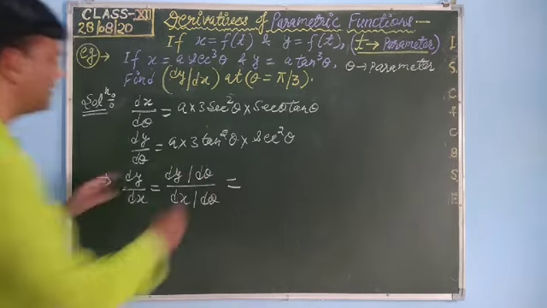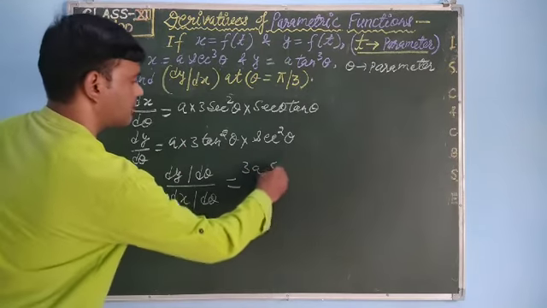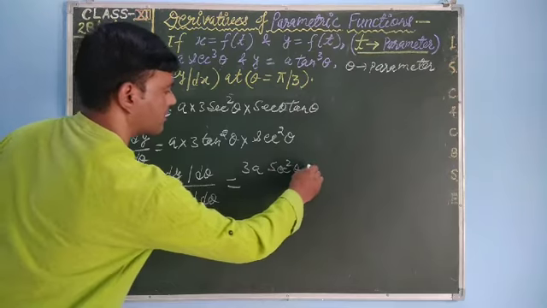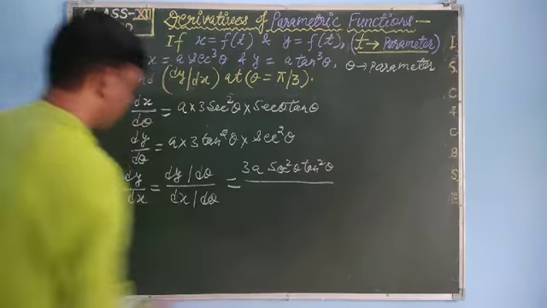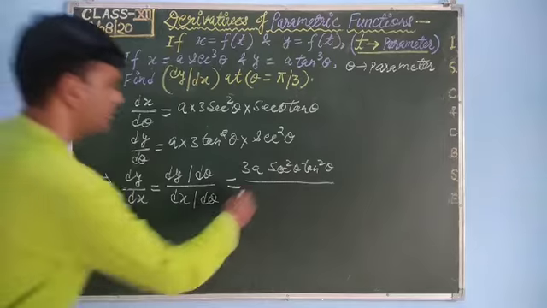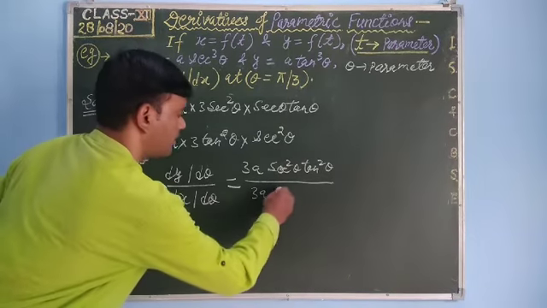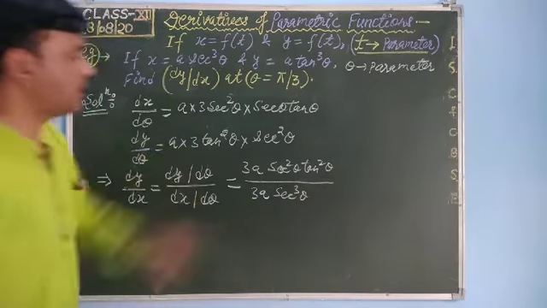Now dy by d theta is given here as 3a sec square theta tan square theta, upon dx upon d theta, which is given by 3a sec square into sec theta, that is sec cube theta multiplied by tan theta.